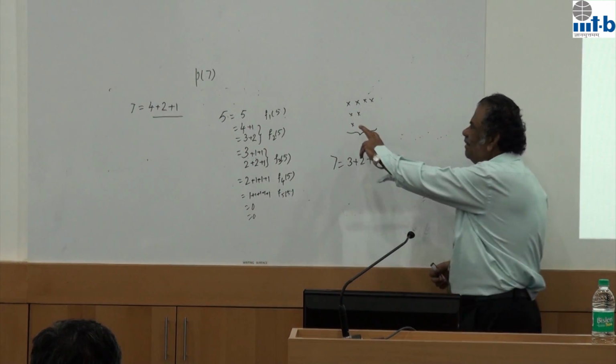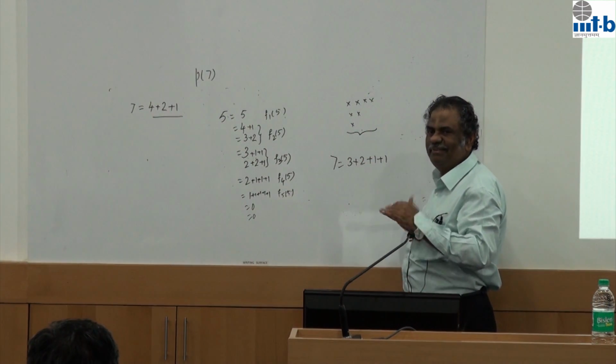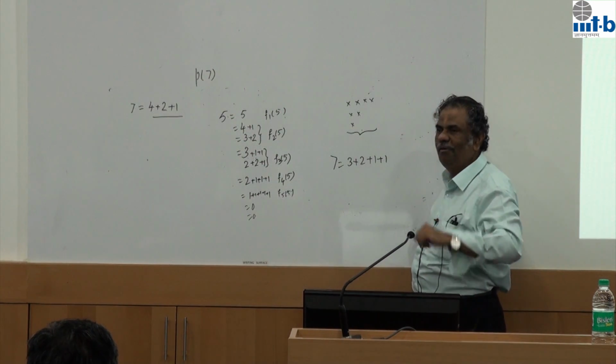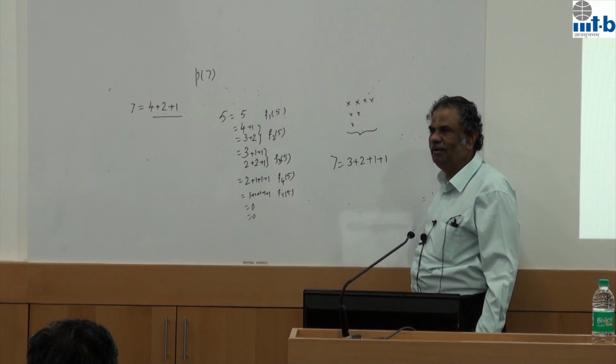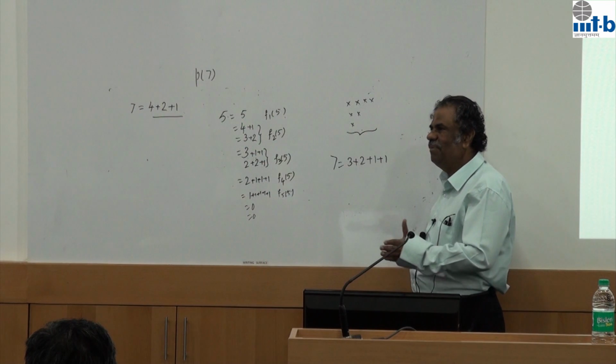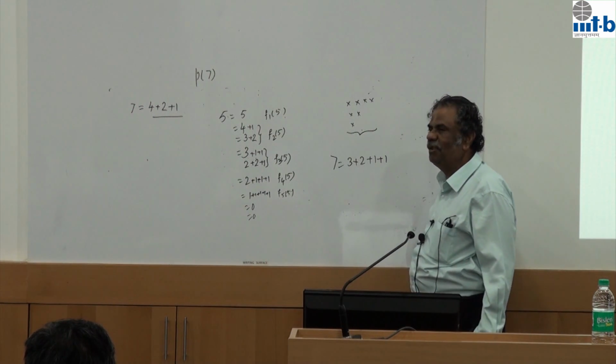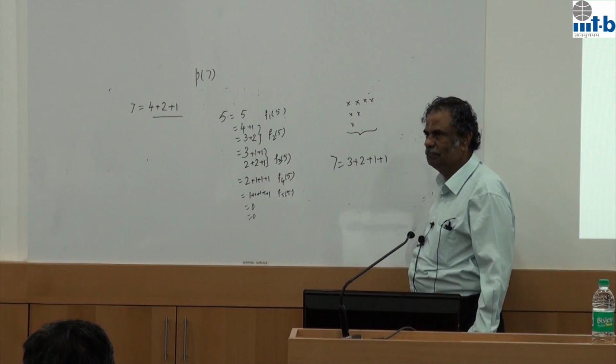I have only the same diagram. I can read row by row and get 4 plus 2 plus 1, and I can read column by column and get 3 plus 2 plus 1 plus 1.